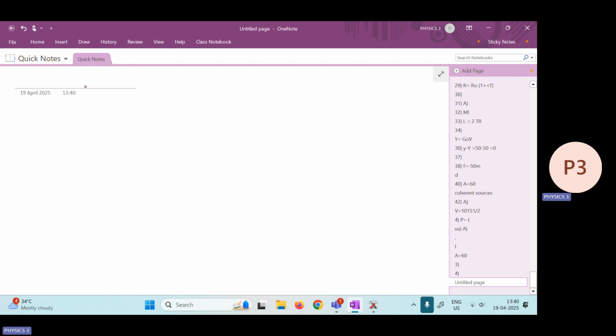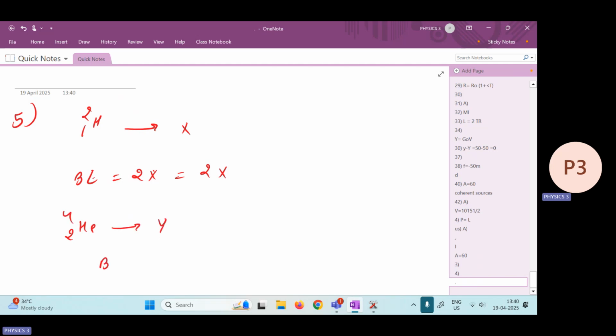The fifth question. In the fifth question, the binding energy per nucleon in 1H2 is X and for 2He4 it is Y. So the binding energy for 1H2 we can write is 2 into X, because X was given as binding energy per nucleon. So this will be 2X. And for 2He4 it is given as Y, so the binding energy for He we can write is 4 into Y, because its mass number is 4.